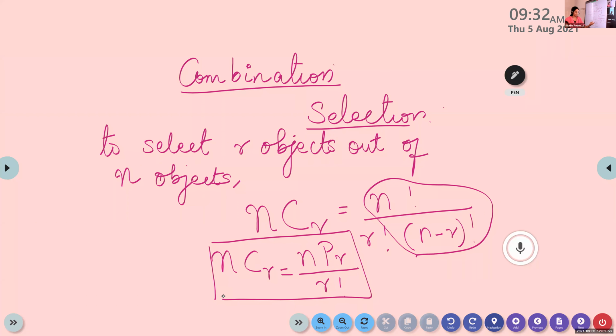This is the relation between NCR and NPR.